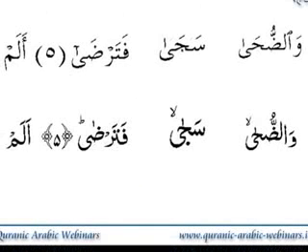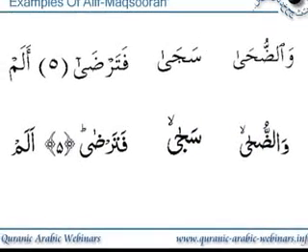The only difference you'll notice in the Majidi script, to help you out a little bit more, the dagger alif or the short alif is written directly on top of the letter before the alif maqsura. Okay, so that's the only difference, and you can see that in all 3 examples there. So again, the alif maqsura, which looks like a ya, no dots underneath, always at the end of a word.